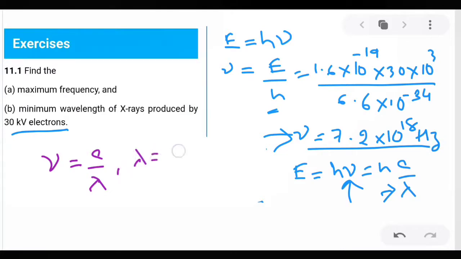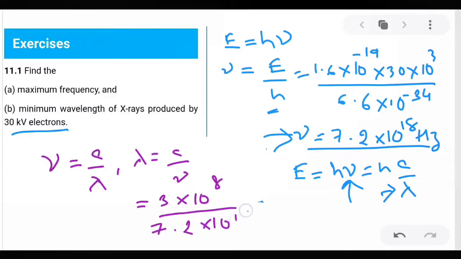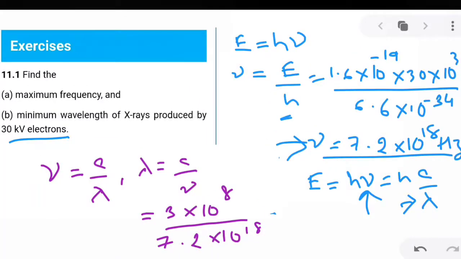Lambda is equal to c by frequency, that is 3 into 10 power 8 divided by 7.2 into 10 power 18. On simplification this gives 0.4 into 10 power minus 10 meter, that is 0.4 angstrom. So this is the minimum wavelength corresponding to this maximum frequency.